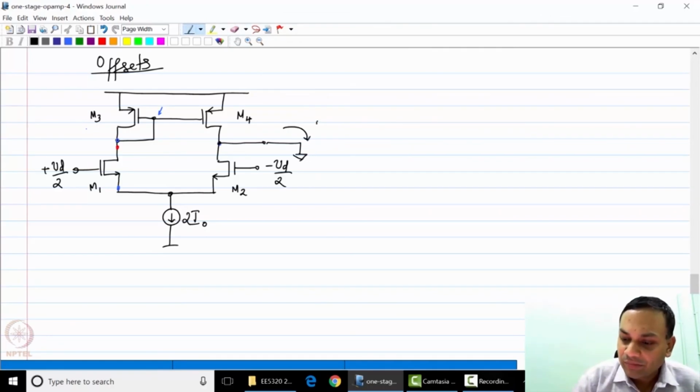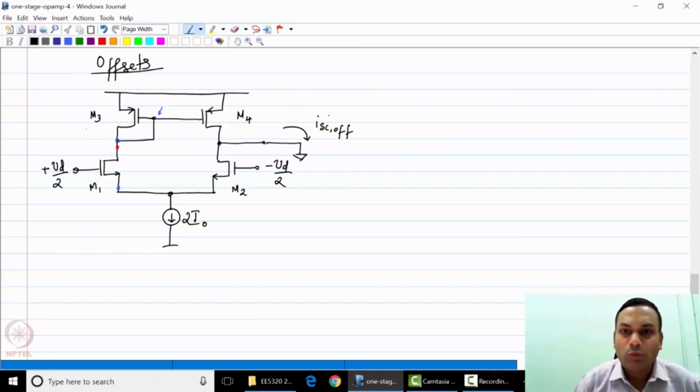So we are interested in offset current flowing through the output, and we will apply mismatch to different portions of the circuit and calculate the offset current. We will divide it by the transconductance squared to get the sigma squared of the offset at the input. So now the dominant sources will be considered.